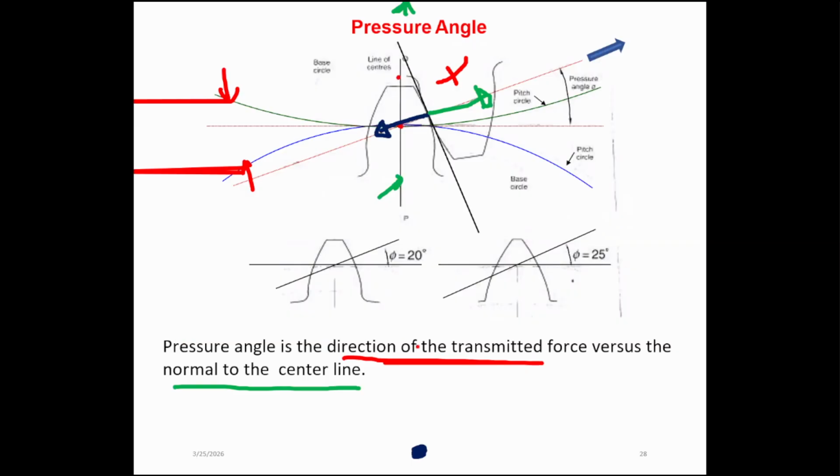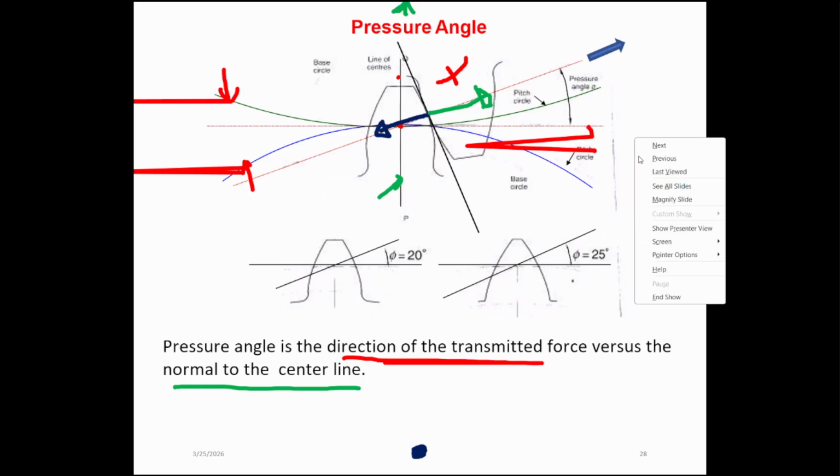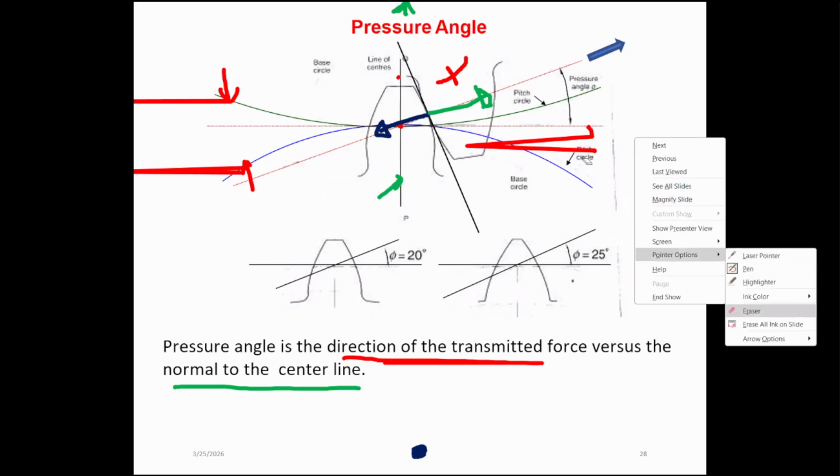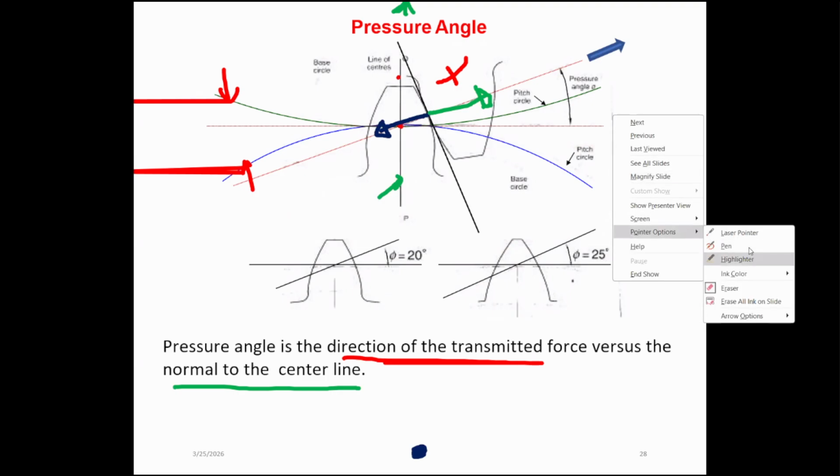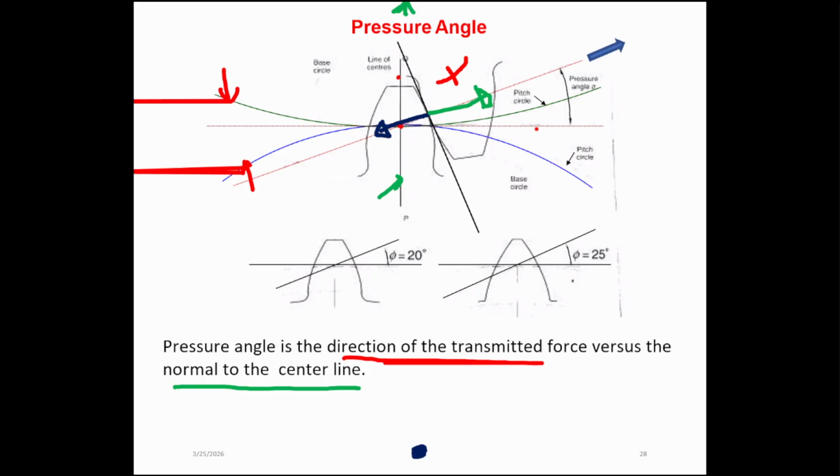Again, pressure angle is the direction of the transmitted force versus the normal to the center line. This is the center line. What is normal to the center line? Now I can't do this with my pointer, so that is why I love to have physical lectures, right?